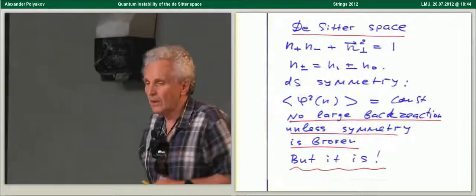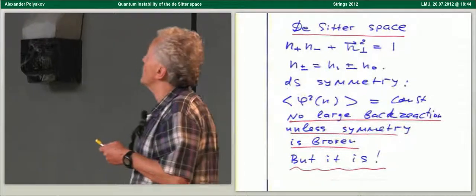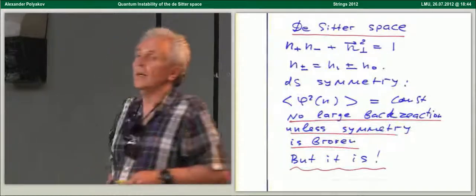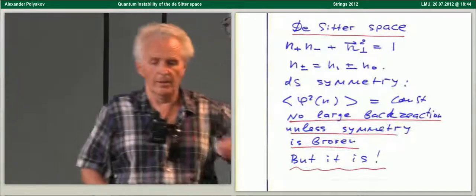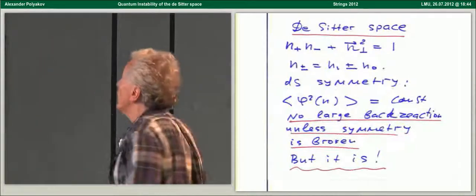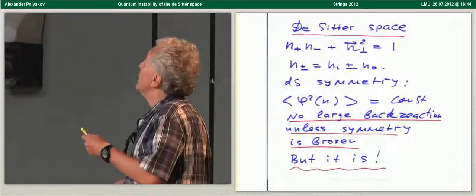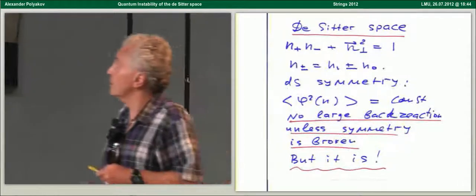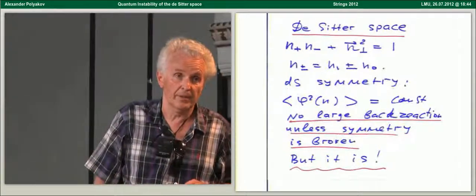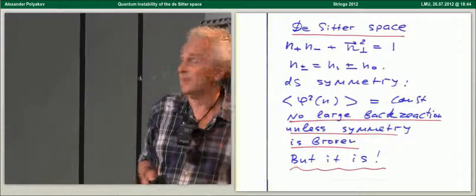So once again, I remind you that the de Sitter space is just the analytic continuation from a sphere. It has basically a hyperbolic version of the rotational symmetry. All this is well known and quite simple and nice. You see that if we don't break this de Sitter symmetry, then there's no hope to get big back reaction.